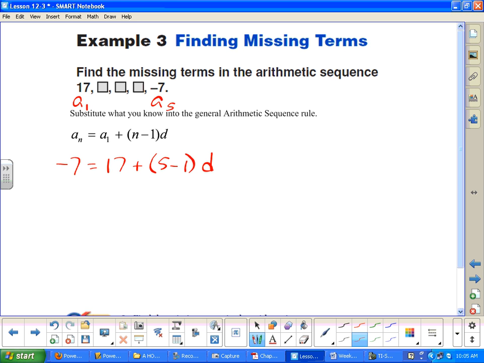And once I know d, I can do 17 plus or minus d to get the second term, and then do that to get the next term, and the next. So we'll subtract 17 here. We get negative 24 equals 4d. So d equals negative 6.